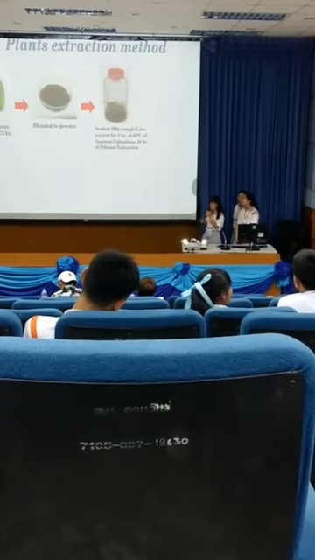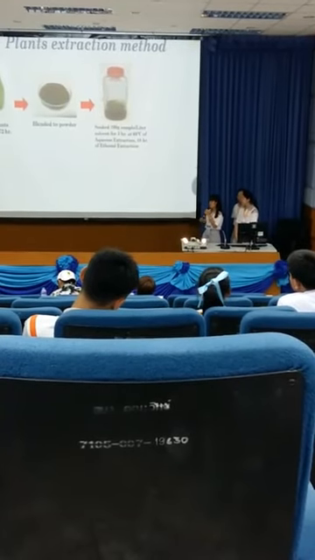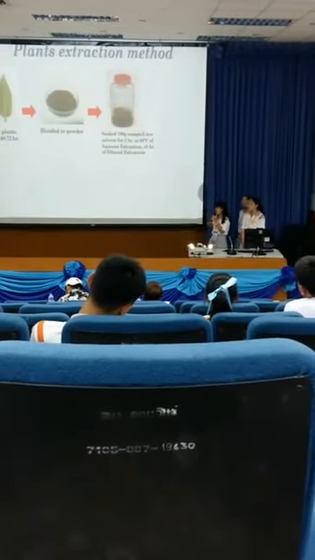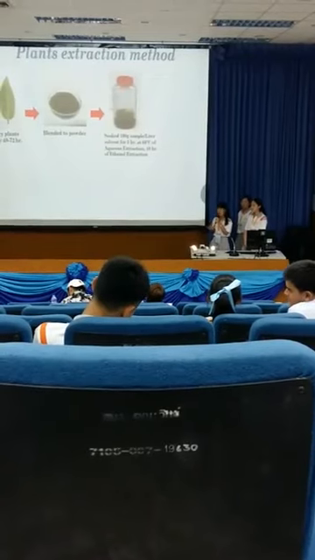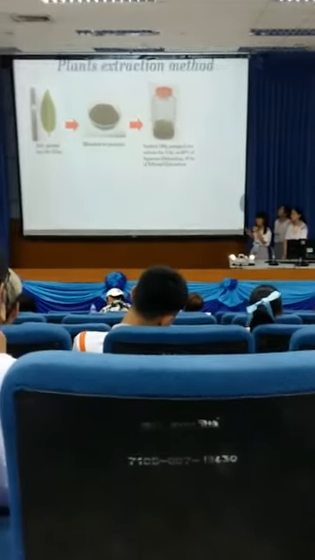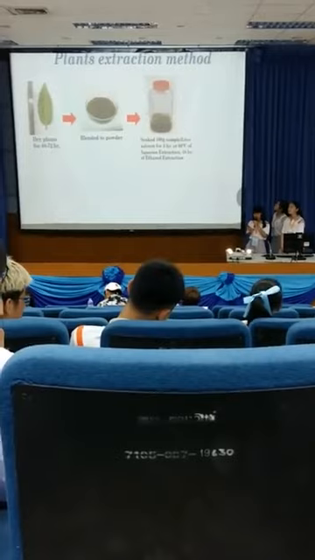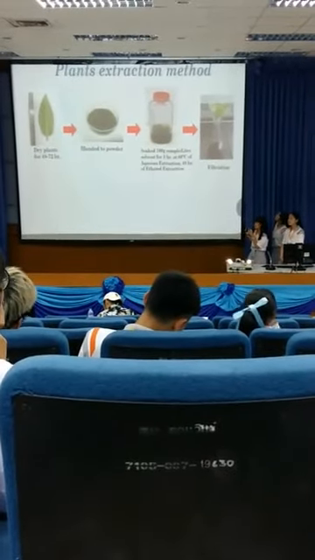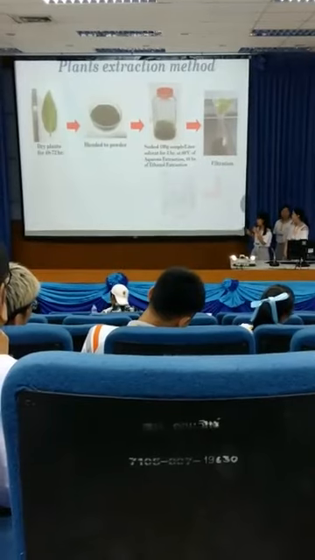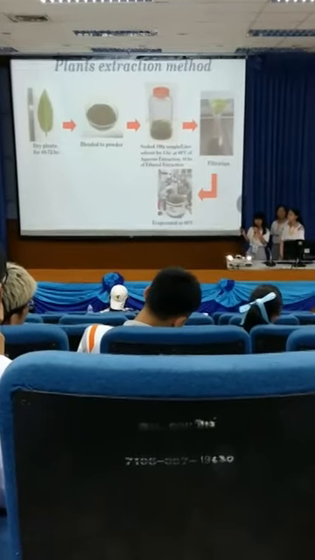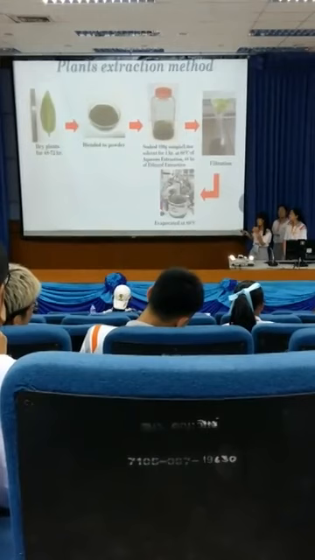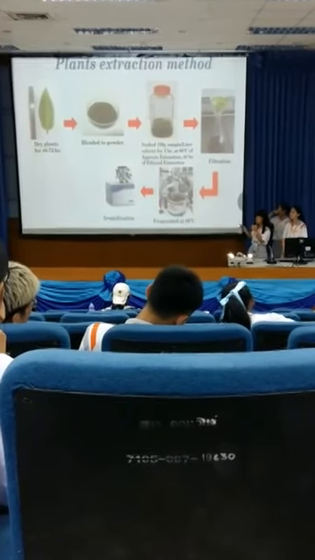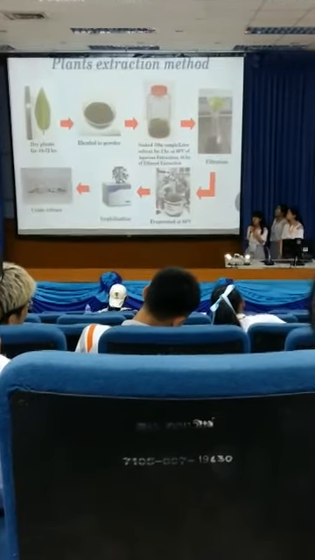We soak the extract in distilled water for 3 hours at 60 degrees Celsius, and in 95% ethanol for 48 hours. And filter them by filter paper. After that, evaporate the solvent out by rotary evaporator and freeze dry by lyophilizer. After that, we have the crude extract.